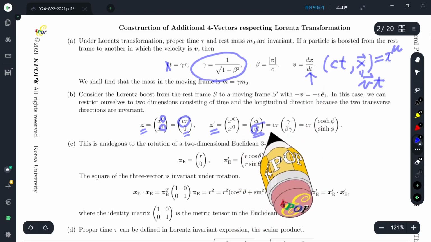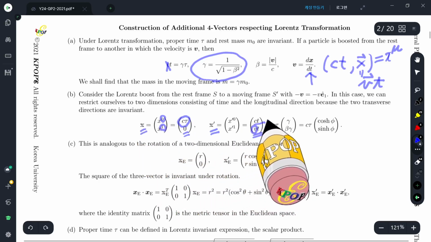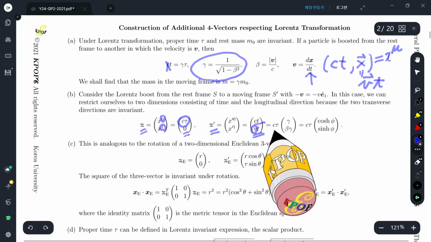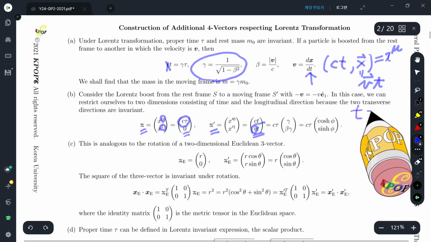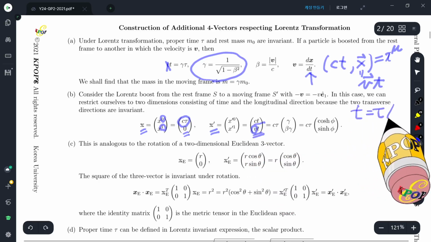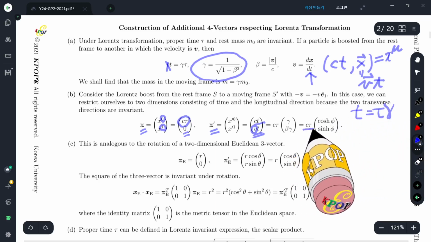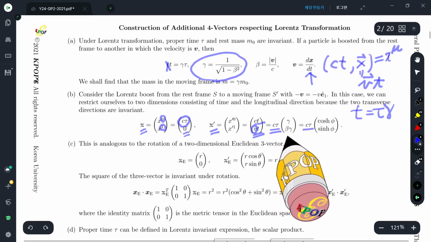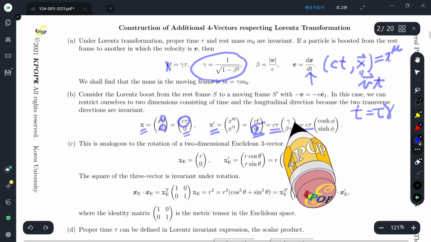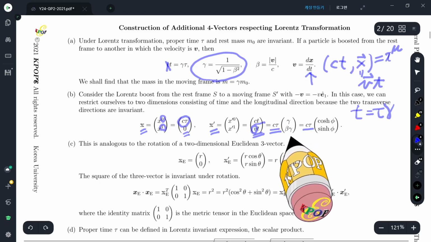We can factor the proper time and speed of light out. In that case, because t equals tau times gamma, as soon as we factor this c tau out, the time component becomes gamma and the spatial component becomes beta gamma.